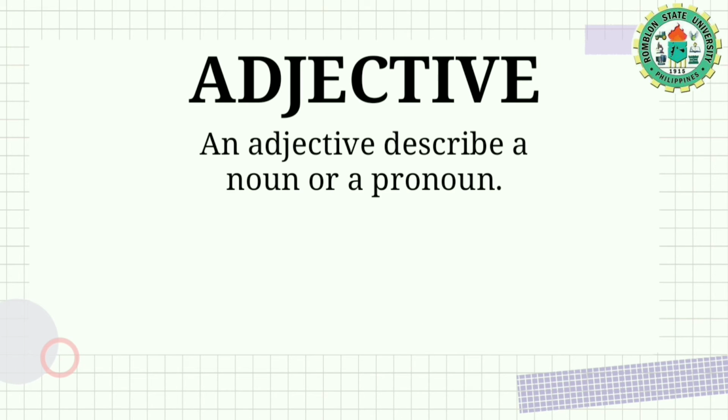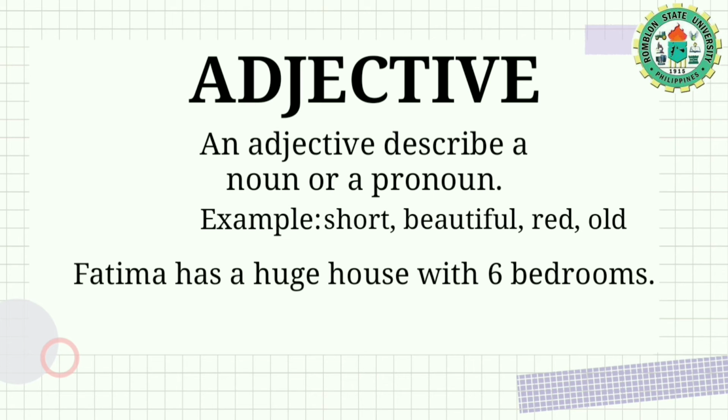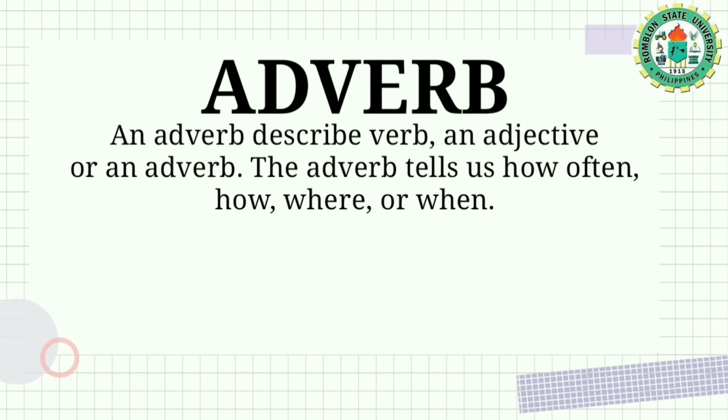Adjective. An adjective describes a noun or a pronoun. For example, short, beautiful, red, old. Fatima has a huge house with 6 bedrooms. The adjective in the sentence is huge because it describes Fatima's house. Adverb. An adverb describes a verb, an adjective, or an adverb.